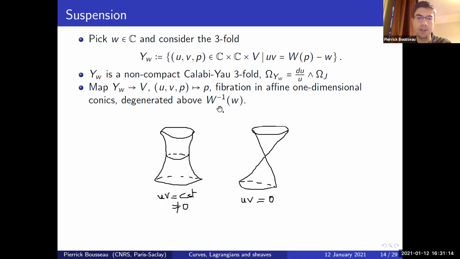But if you take a point inside the fiber over a small w, then the equation of the fiber of this map becomes uv equal to 0, and so you get a singular conic. You get this singular cone. So geometrically, Y is a fibration over V, and the general fiber is a smooth cylinder, but over a specific fiber, it's a family of cones.